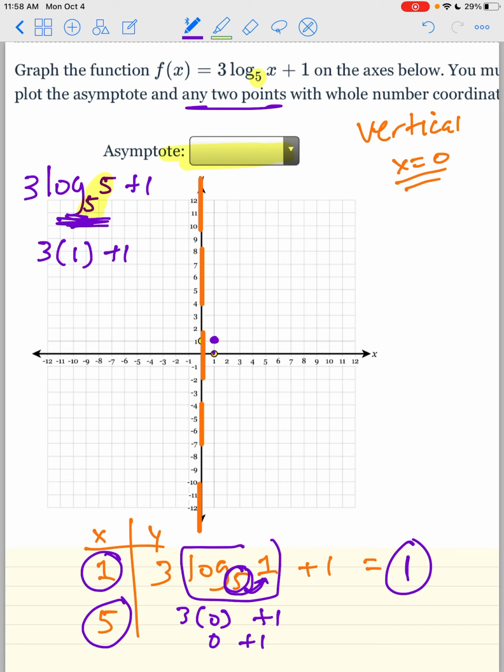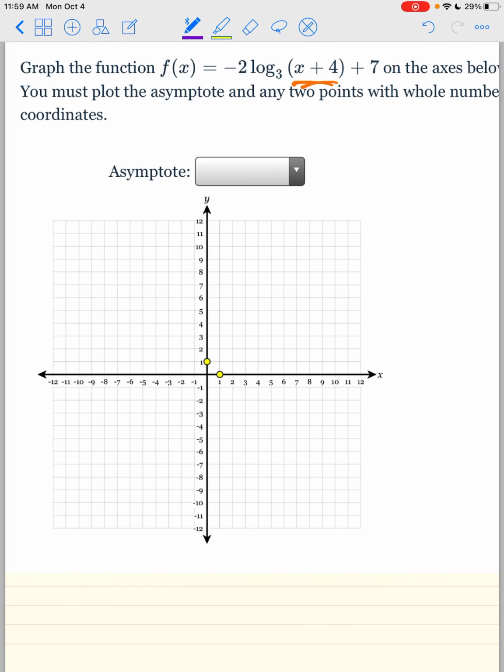So 3 times 1 is 3, plus 1 makes 4. So that means at 5, when you plugged in a 5, you got the number 4. You take the other yellow one and you go to (5, 4). And then this should open up something like this. Just hit submit.